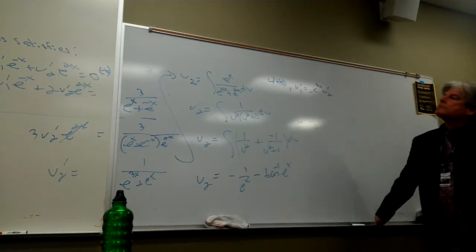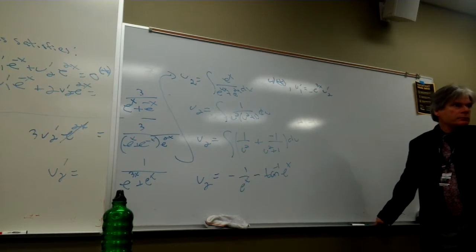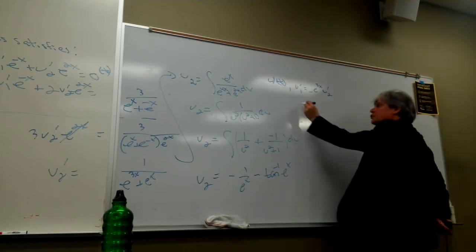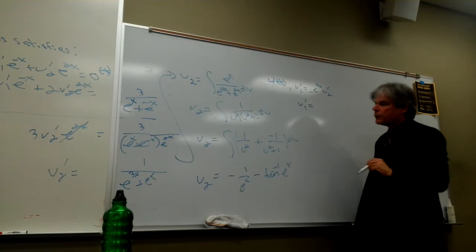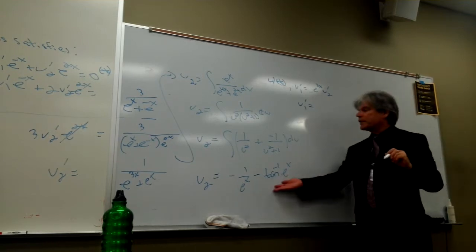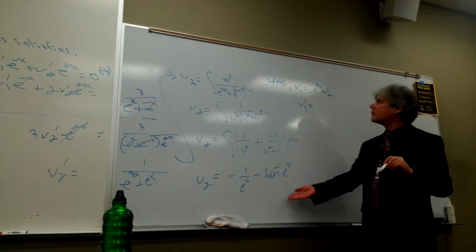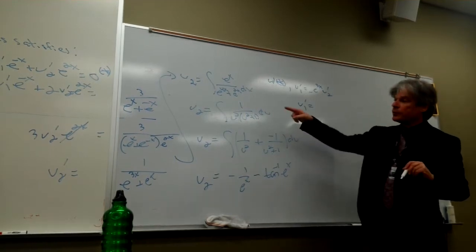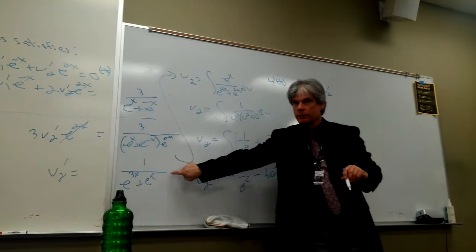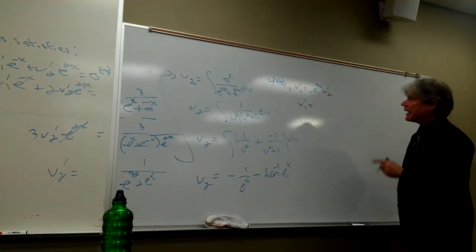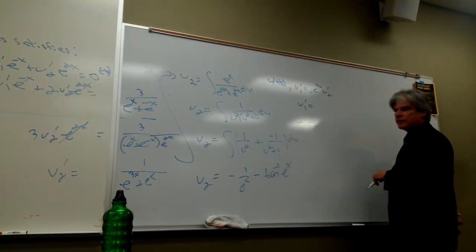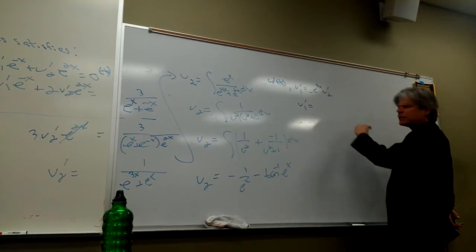Does that fix it? Which means u1 prime is, if I multiply u2 prime by negative e to the 3x, doesn't that give me this? Isn't that nice?